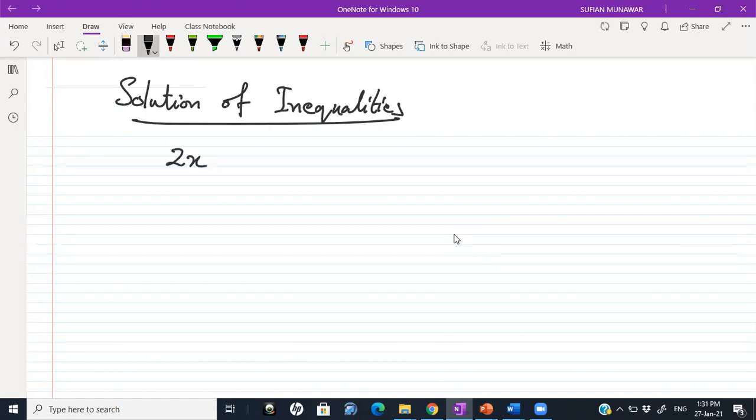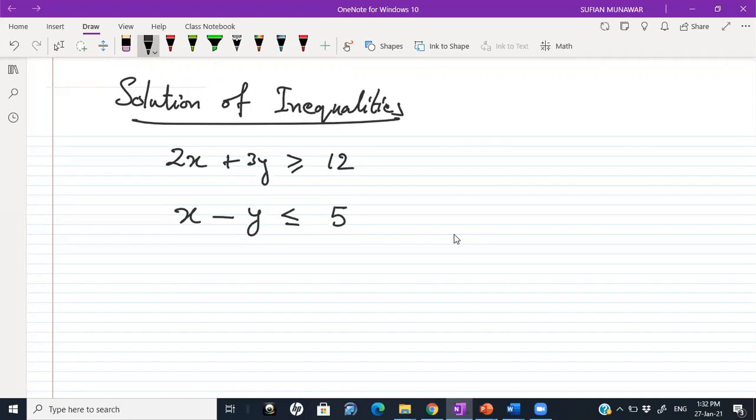Suppose 2x plus 3y greater than or equal to 12, and suppose x minus y is less than or equal to 5.